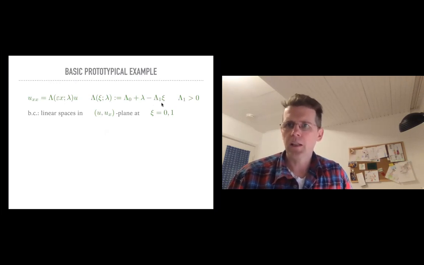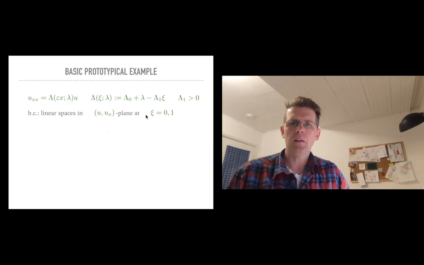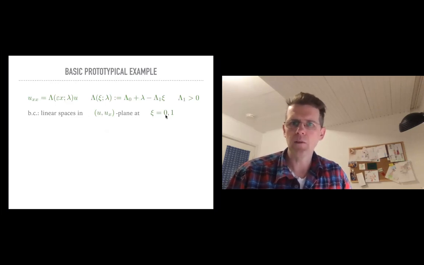And here I'm looking at linear boundary conditions, say Neumann or Dirichlet for simplicity, in the u, u_x plane and on the interval between 0 and 1, just to fix the thought here. So psi moves between 0 and 1, and x moves between 0 and 1 over epsilon.